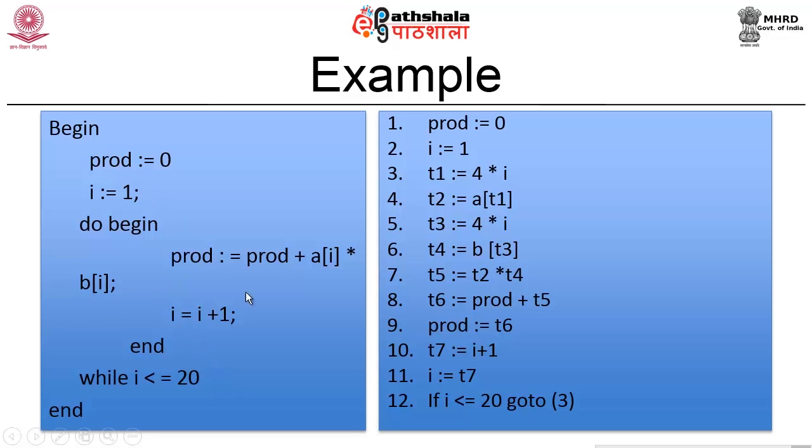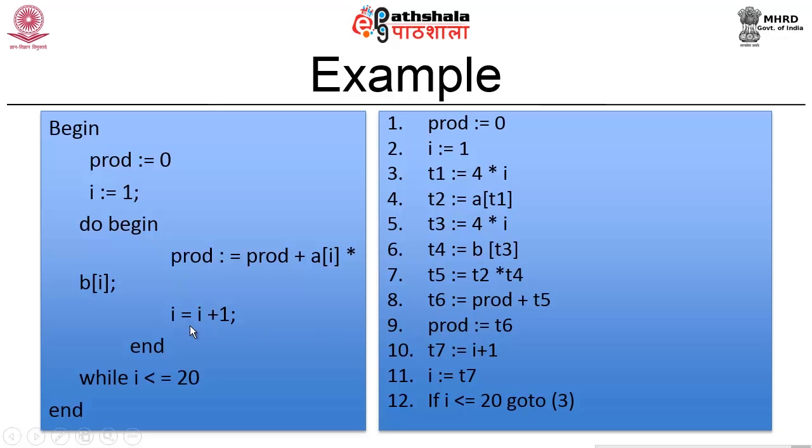If you convert this to 3 address code, prod equal to 0 and i equal to 1 are the same. Then I have to do a of i into b of i. So for that I will do t1 is equal to 4 into i, and then t2 is a of t1, t3 is 4 into i, and t4 is b of t3. Then these should be multiplied as t5 is equal to t2 into t4, and that should be added to prod, which is t6, and it is assigned back to prod.